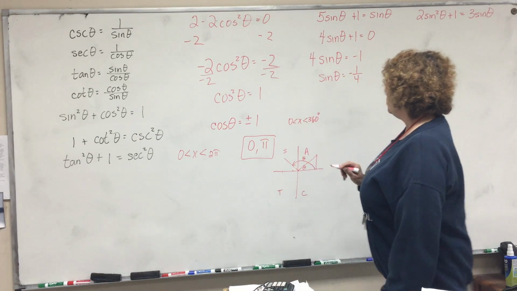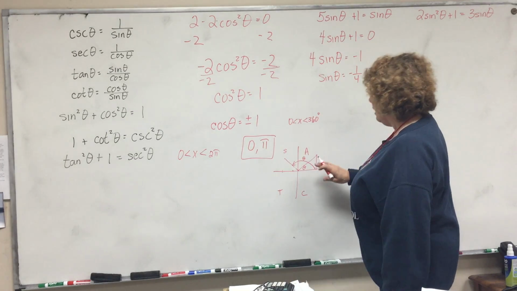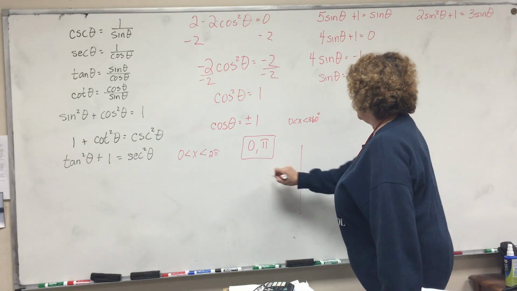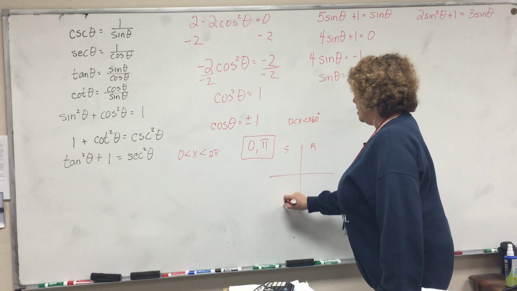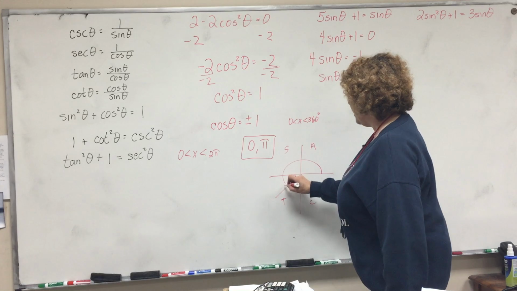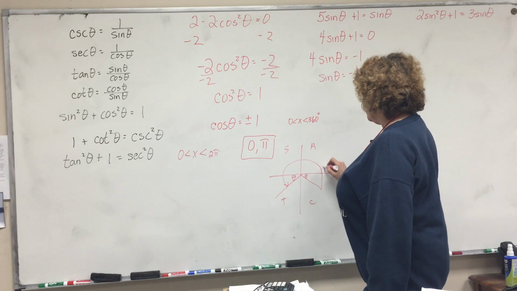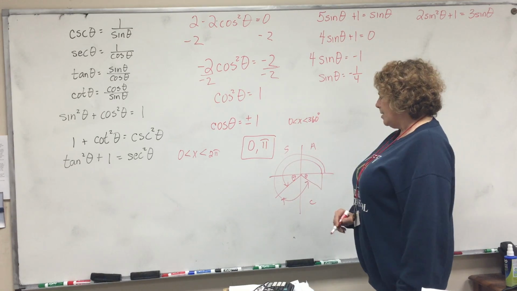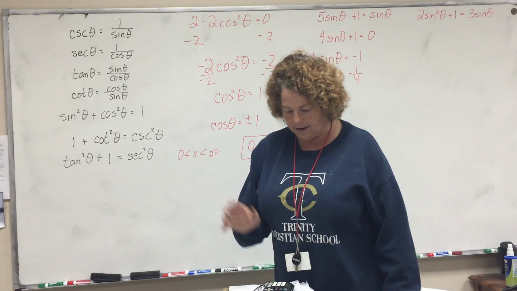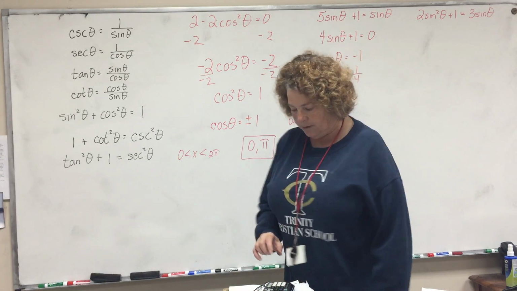So on your calculator, oh wait, it's negative 1/4. We're looking for this one, which will be there, and we're looking for this one, which will be there, because they're negative. The sign is negative. So on your calculator, you would do second sine and put in negative 1/4.